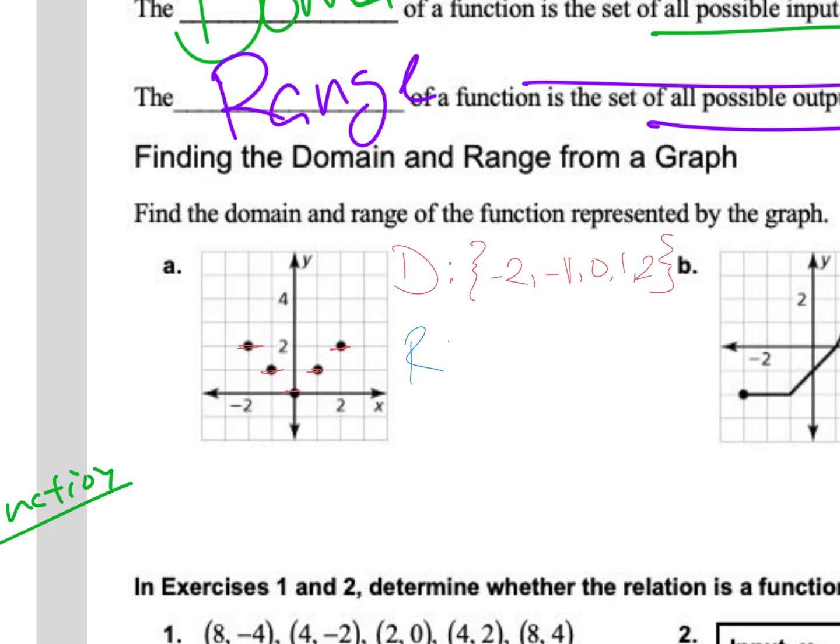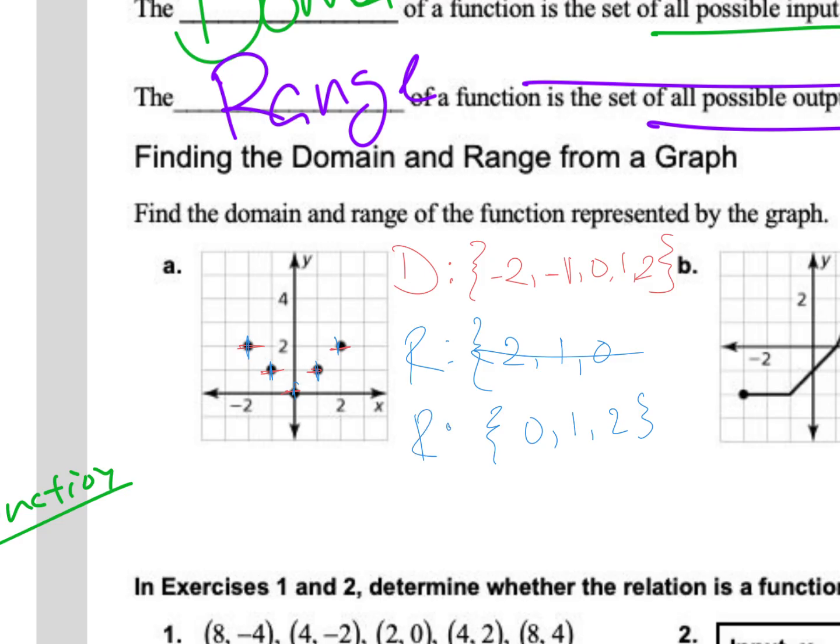And then the range is going to be all the y values. That one is 2, and this one is 1, that one is 0, and that's 1 again, and that's 2 again. So actually what we're going to do is rewrite that to be 0, 1, 2.